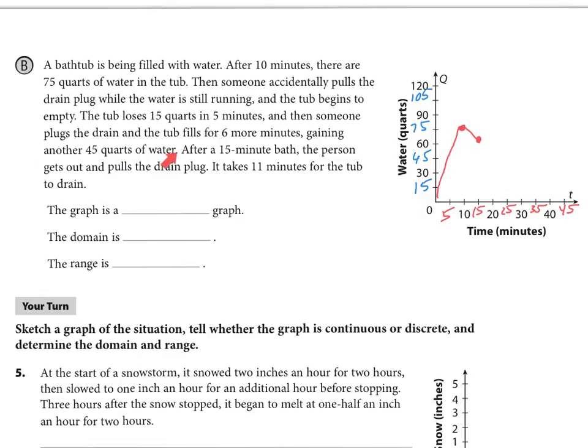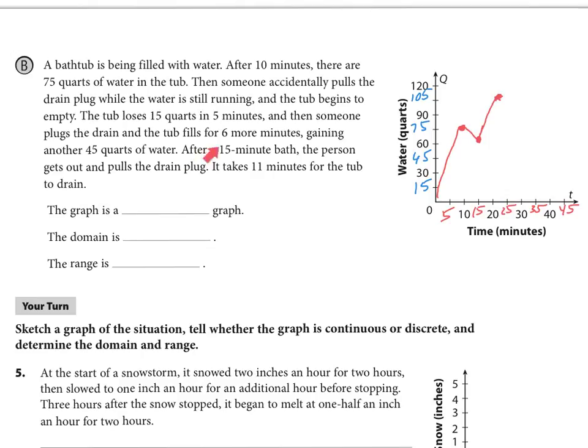Gaining another 45 quarts of water. So I go to 21 and then put a point where? At 105, because I went from 60 up to 105. So again, here my line is going up because I was gaining water.